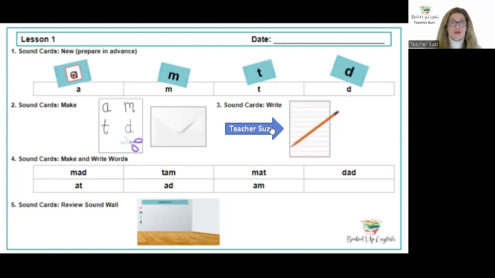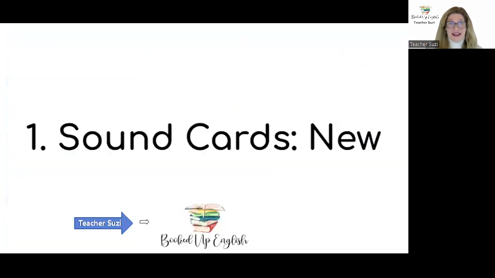Step 3, students will practice writing the letters and saying the sounds. Step 4, we will use the flashcards to make and write words. And finally, in step 5, we will build a sound wall in the classroom. This is what it might look like.